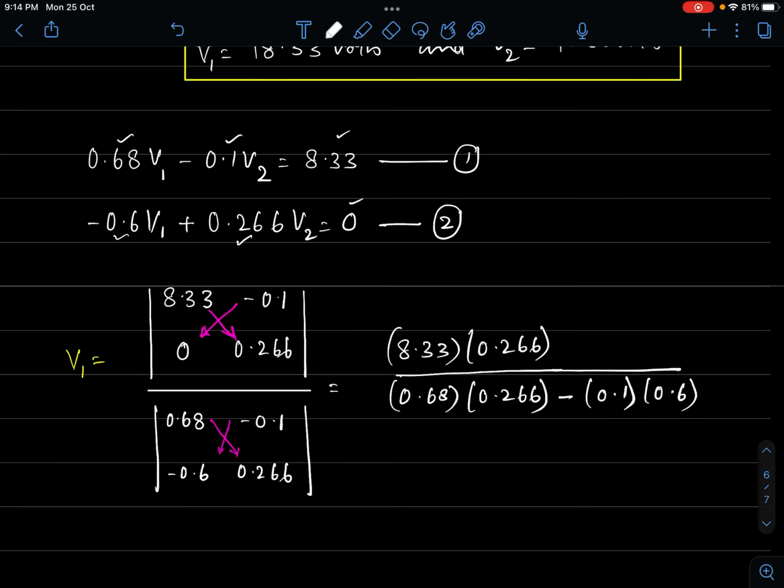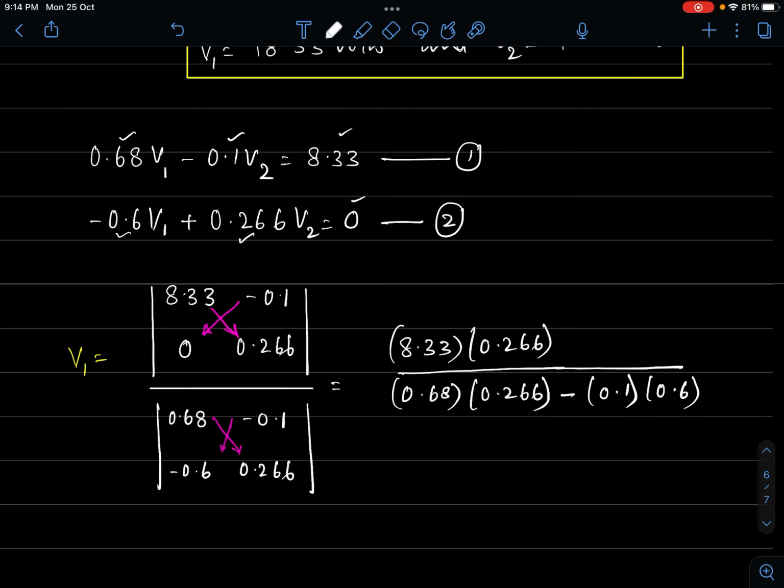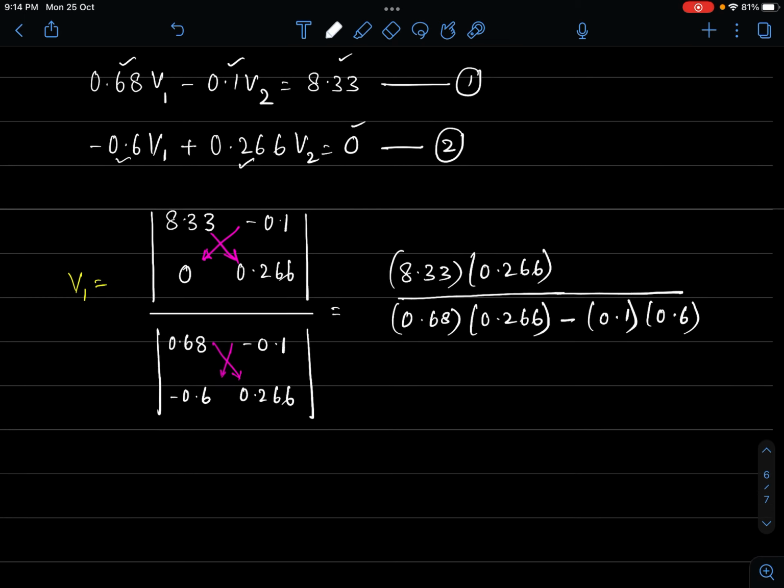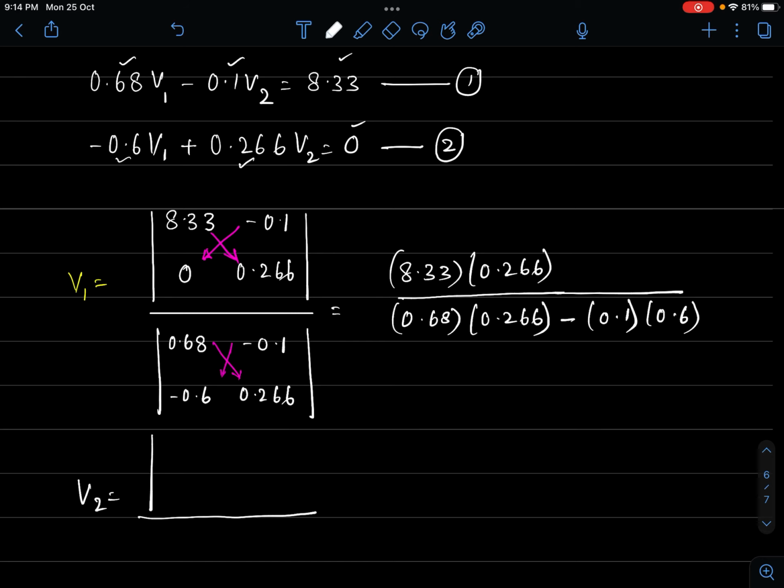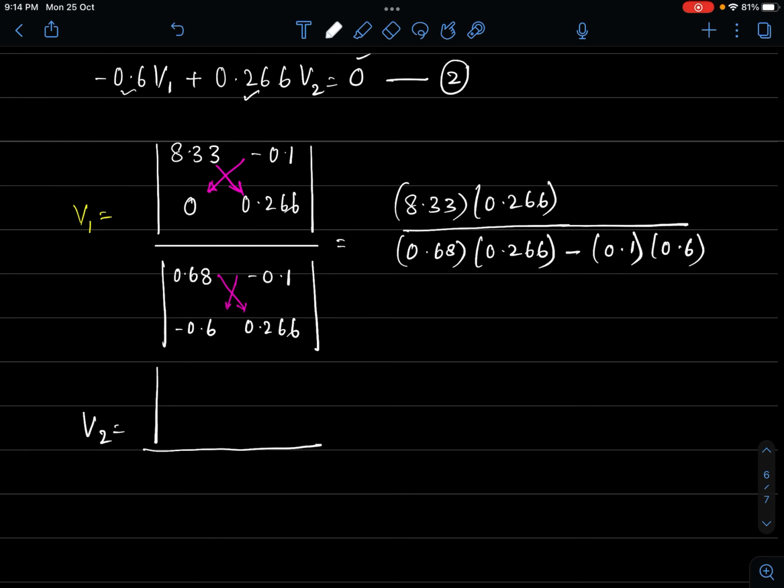Okay. Similarly, how do we get V2? V2 is done similar to V1. Only thing is that the numerator determinant gets replaced. In the delta determinant, I'll replace the second column. Delta is maintained as it is. This is your delta determinant.